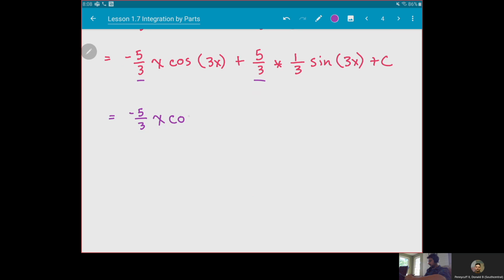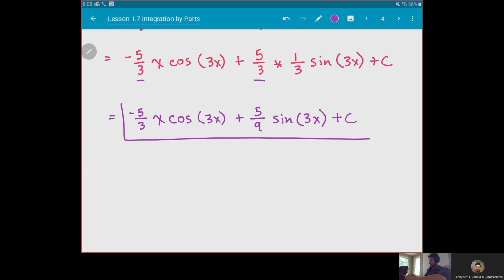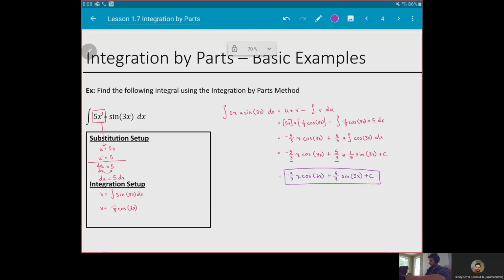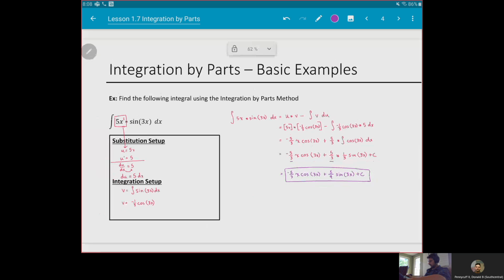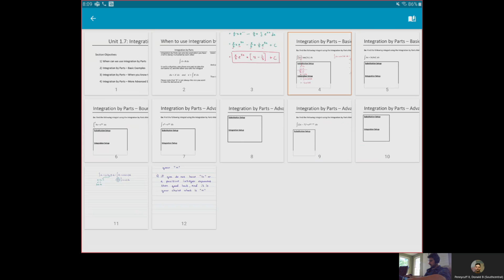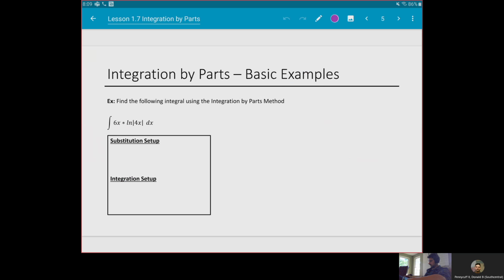So that's going to be negative 5/3 x cosine 3x plus 5/9 sine 3x plus c. Factoring out a 5/3 is not really going to do much for this problem. All right. Any questions about that one? Any questions at all?